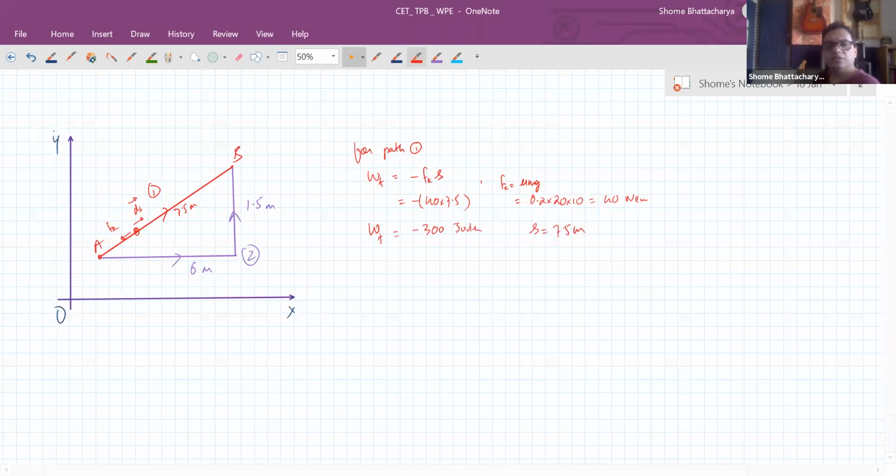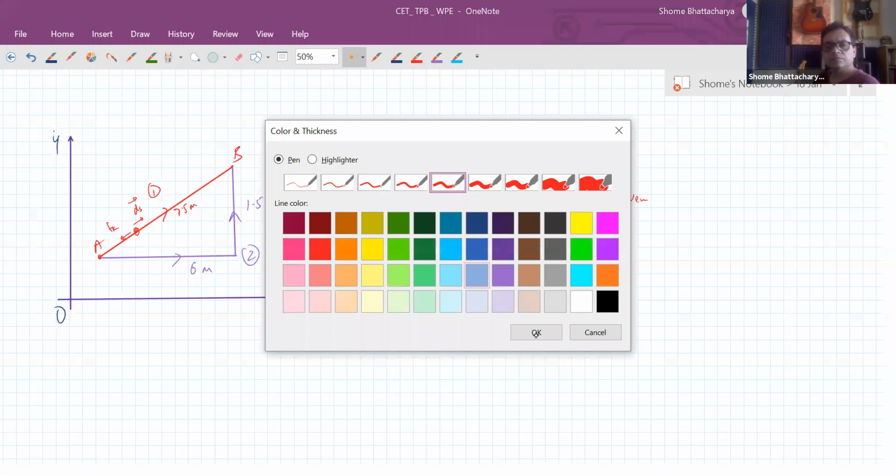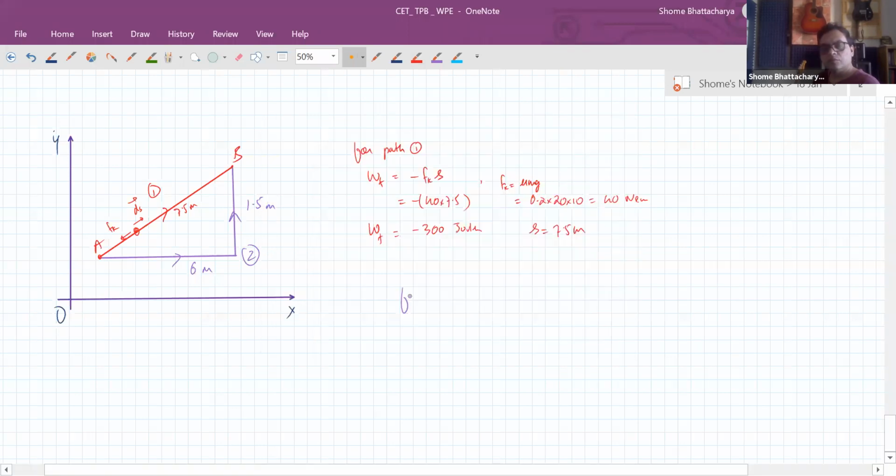Now for the second part that you can see now, for path 2, the work done by friction, we'll have to calculate like this. When it's going here, the displacement is like this, and the kinetic friction acting is like this. So we'll take this distance as S1.